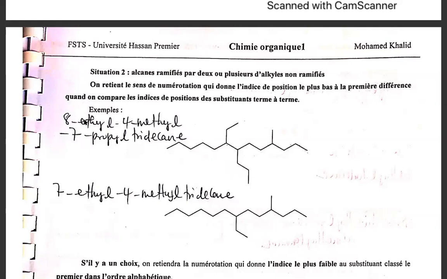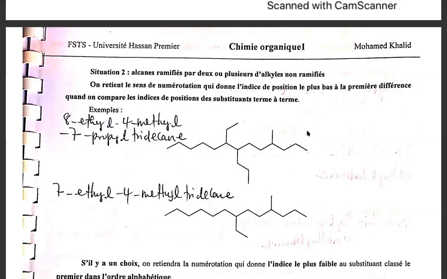So in this case, someone might think the formula was supposed to be 4, 7, 8. No, it's not like you're increasing or decreasing. It's because the ethyl is at position number 8 and is the first one in the alphabet. That's the reason why we have the 8 here. So it's going to be 8-ethyl. Why? Because ethyl is on position number 8 and E comes first in the alphabet.